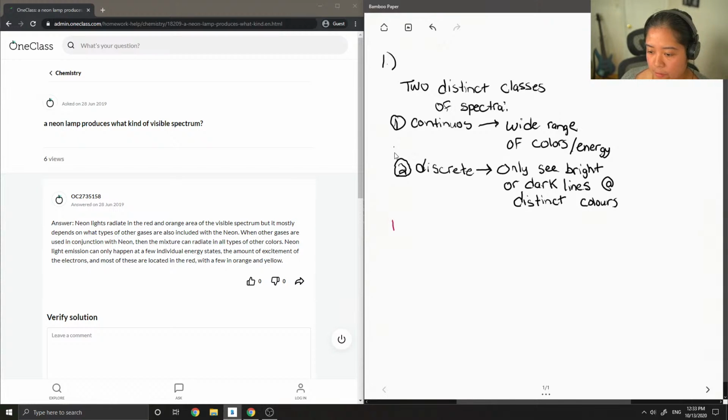So basically for neon is what this question is asking. Neon only emits certain wavelengths that are specific to different atoms in the bulk. So I'm just going to write that down.